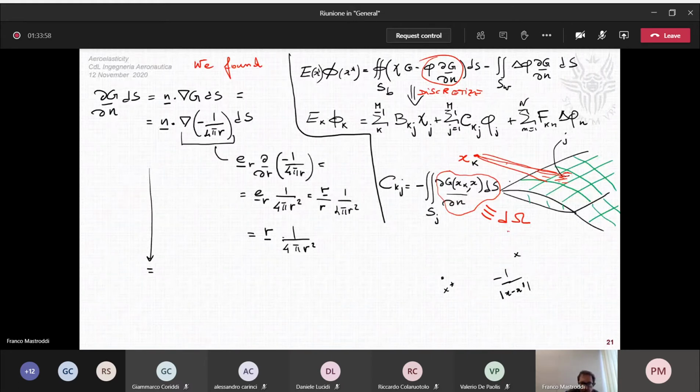the quantity under discussion is n by r ds divided by 4 pi r to the power, excuse me, to the power 3, because we have r and r to the power 2.